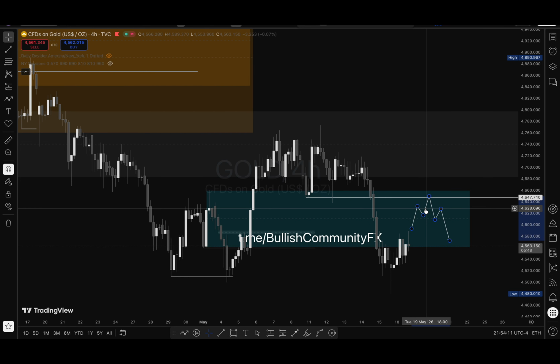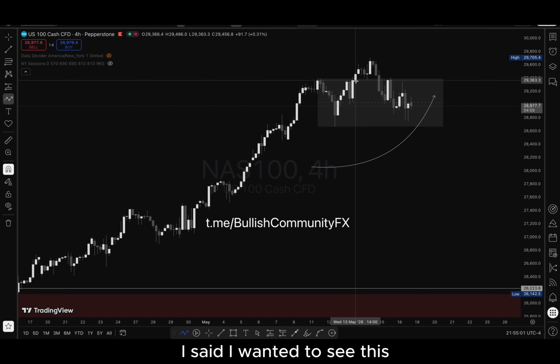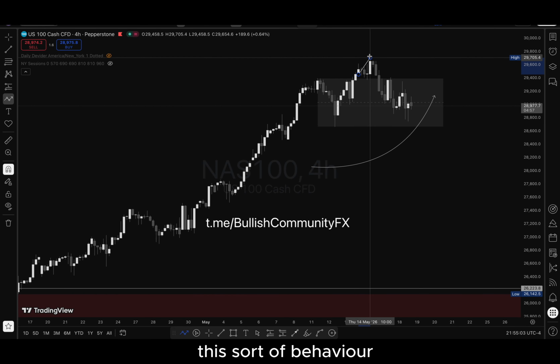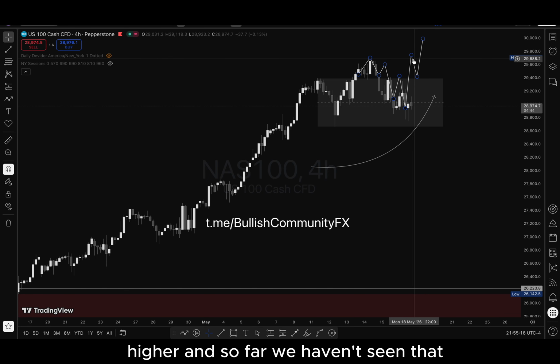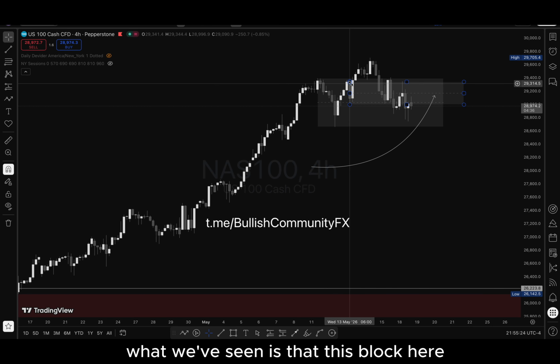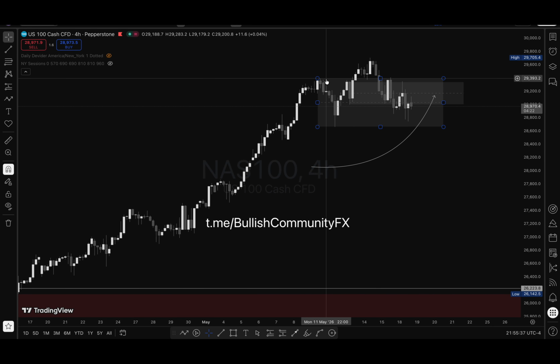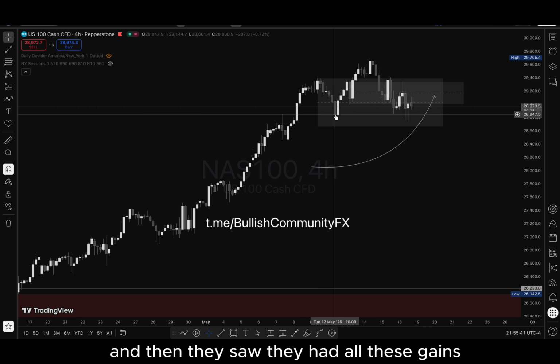All right, so that is what this flagship pattern is about. It's a behavior. For the Nasdaq, I said I wanted to see this sort of behavior for a continuation higher, and so far we haven't seen that. What we've seen is that this block here sent price higher, people were selling this market from here at this high, and then they had all these gains.